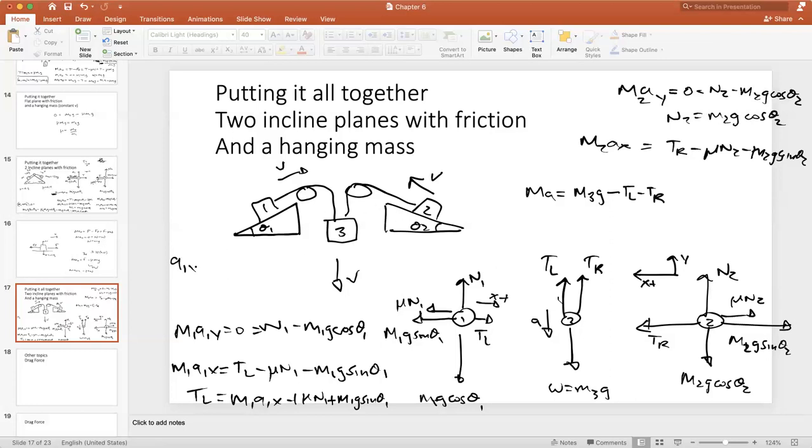Therefore, A1X is equal to A2X is equal to A3X. So this A is A, this A is A, and this A is A. Once you have that, solve this one for TR just like you solved this one for TL, plug them in here, and solve this for A, and you're done. That is a ton of algebra that is awful.